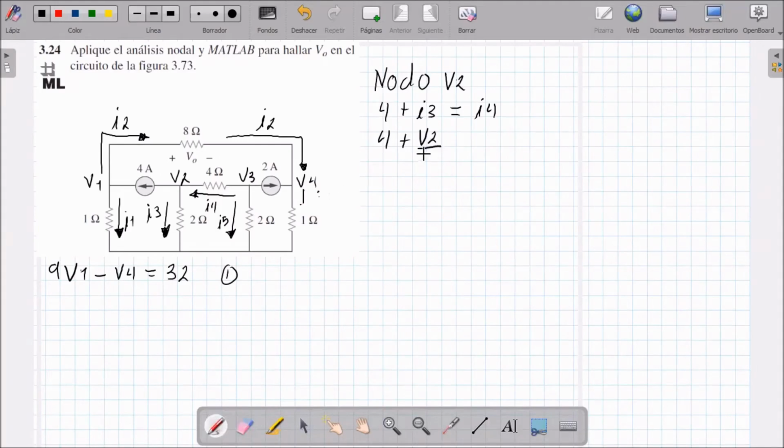That's going to be equal to the current I4. The current I4, which is what comes from here, would be V3 minus V2 over 4 ohms. So here I would have 4 plus V2 over 2 equal to V3 over 4 minus V2 over 4.